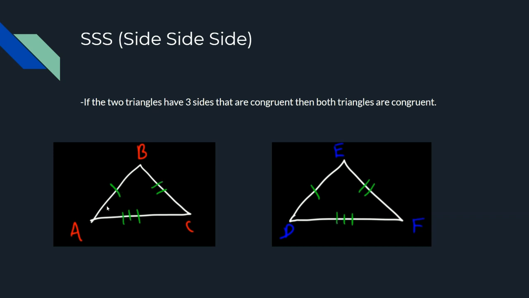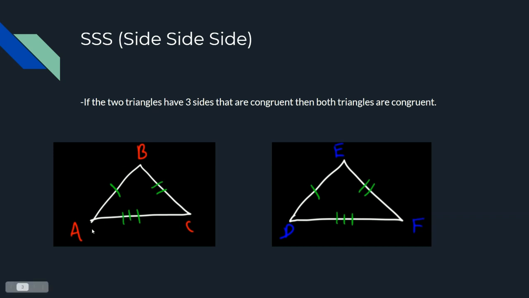These are indicating that line AB and DE are congruent to each other. Because of the 1 dash and 1 dash, they are congruent. So we know side AB and side DE are congruent. We know side BC and EF are congruent.